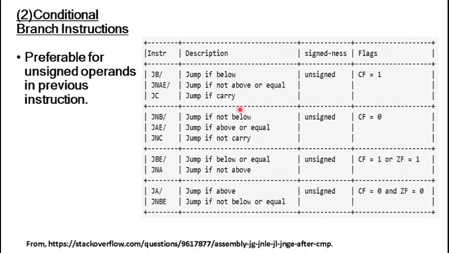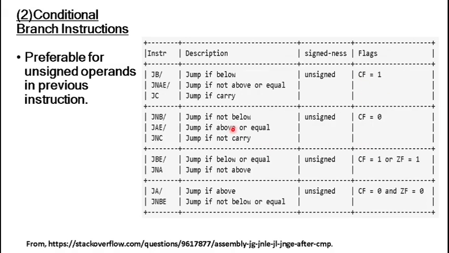Similarly, if the destination is greater than the source, and you need to perform a jump based on that, you can use jump if not below, jump if above or equal, or jump if not carry. These two sets of instructions are dependent on the CF, or the carry flag.